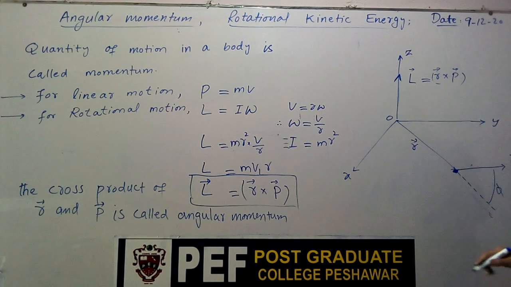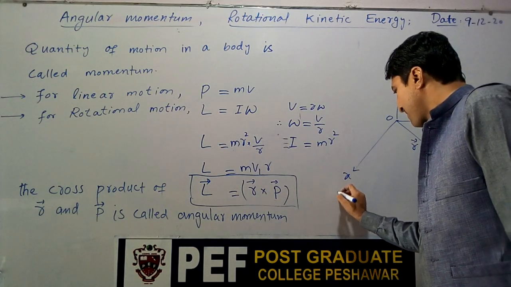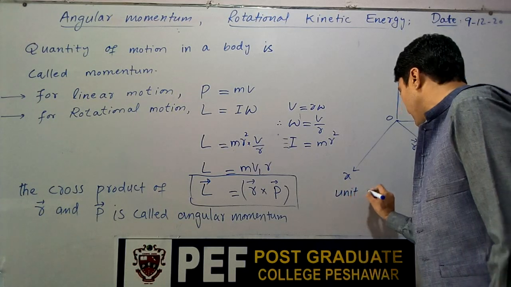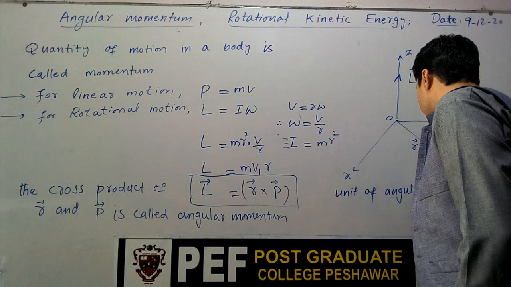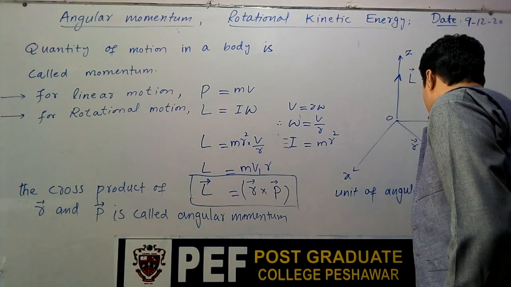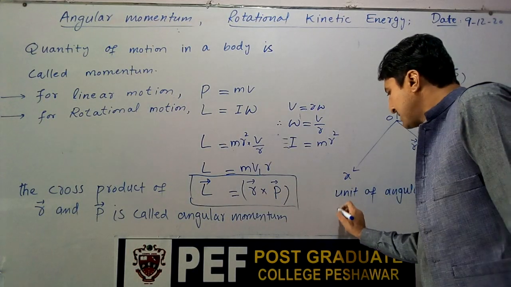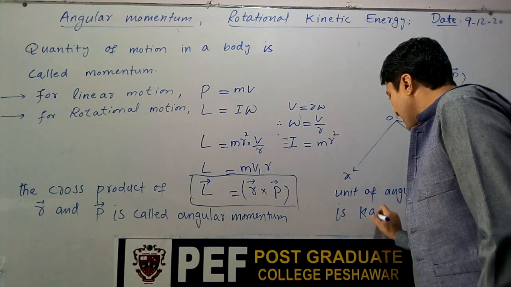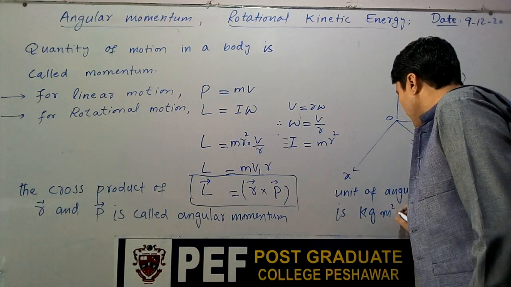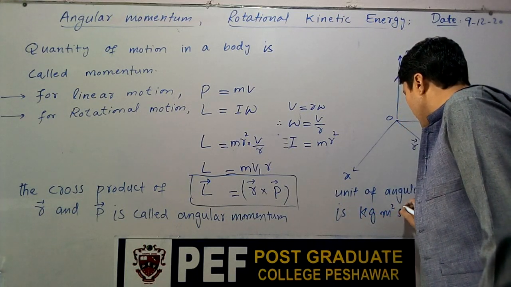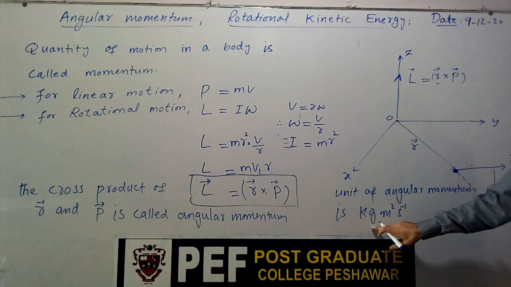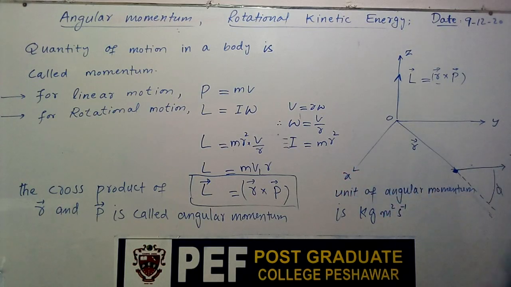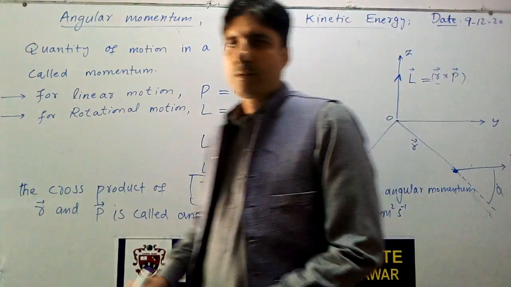So the unit of angular momentum is kg meter square per second. Kg meter square per second will be the unit of angular momentum.